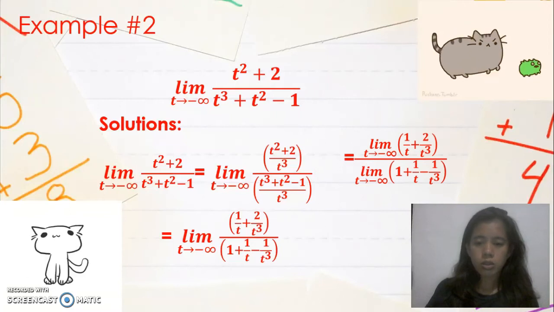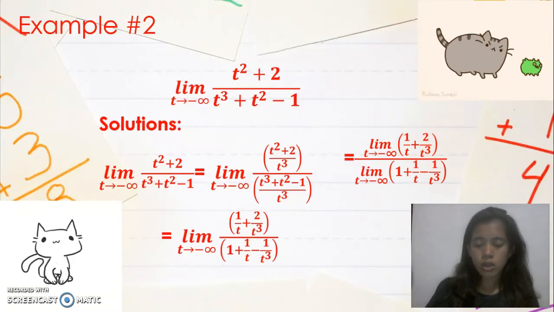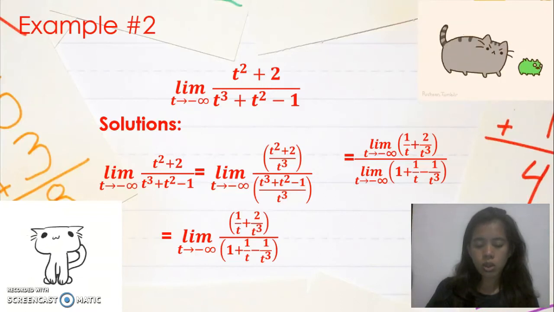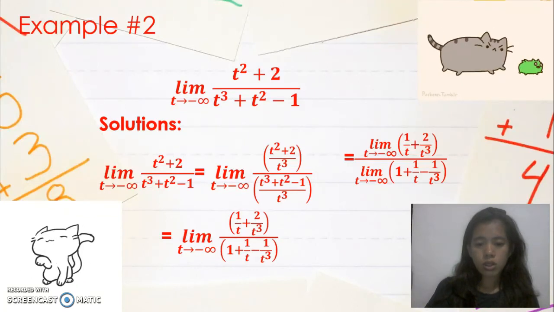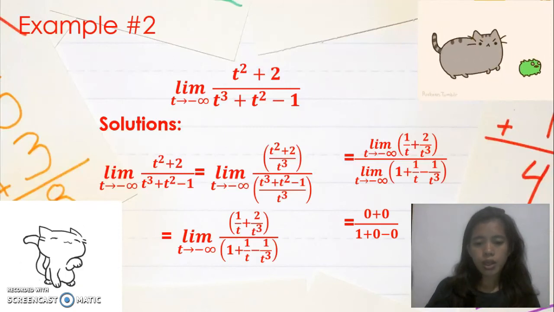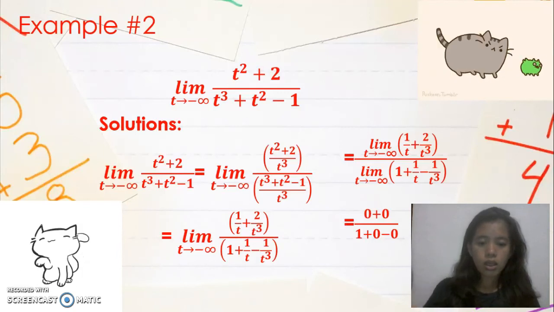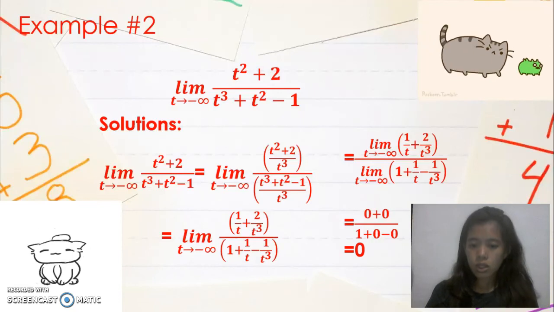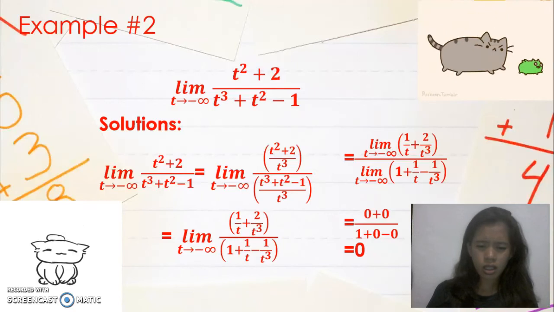So, the terms with t will all go to 0 because t approaches infinity. So, it equals 0 plus 0 over 1 plus 0 minus 0. So, the answer is 0. Since the limit is 0, we can conclude that the denominator outstrips the numerator.